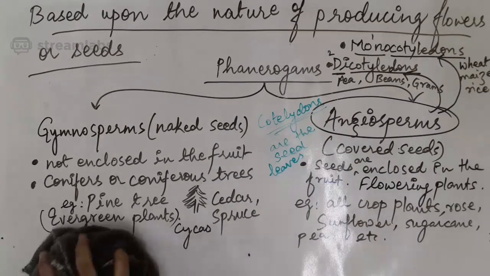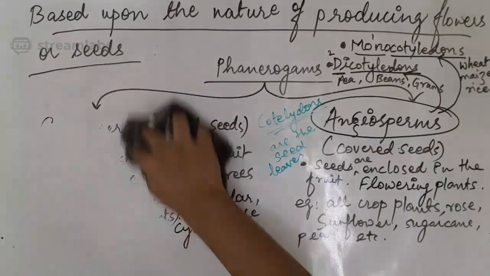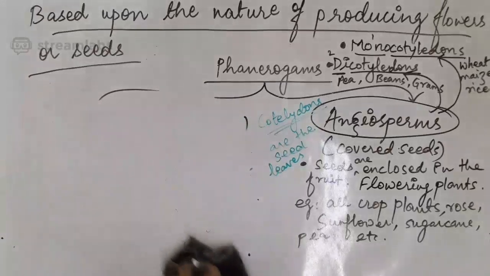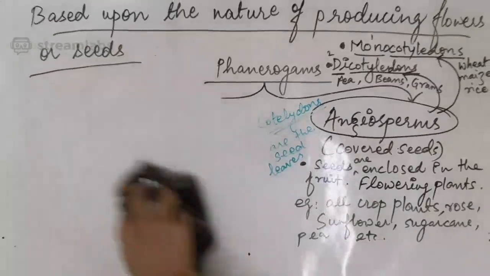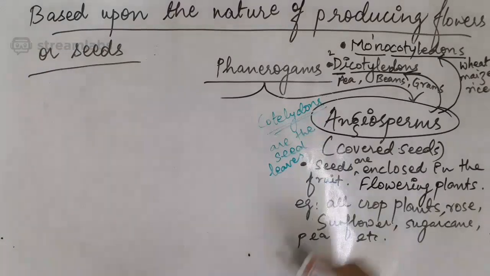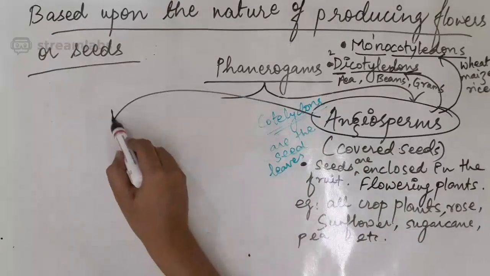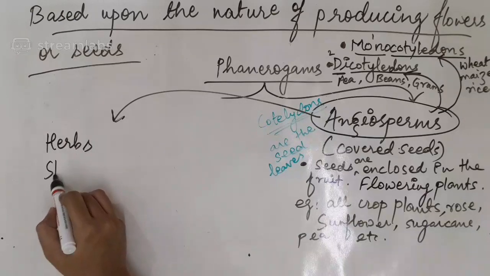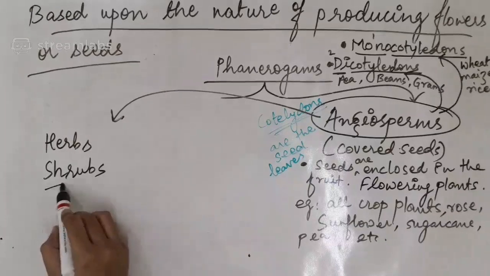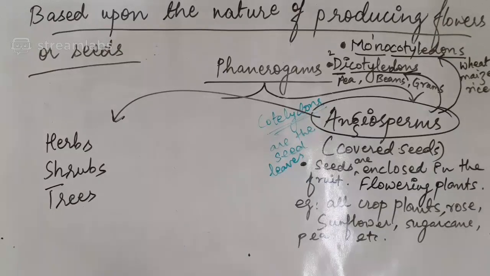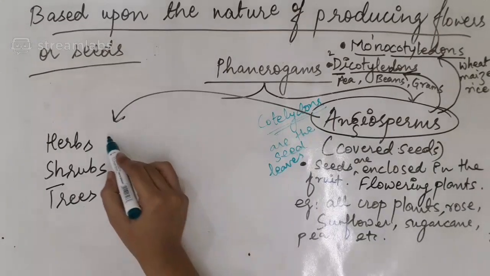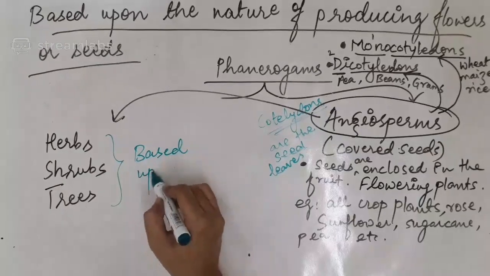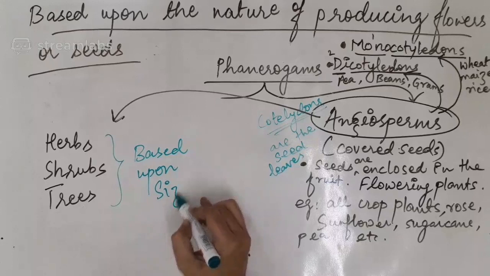I'm rubbing it down because there is no space right now over there. I'm just making it here only. Angiosperms are further divided into herbs, shrubs and trees, and these are based upon size.